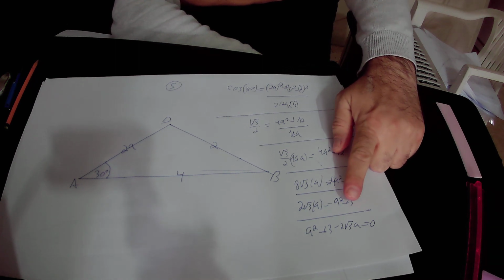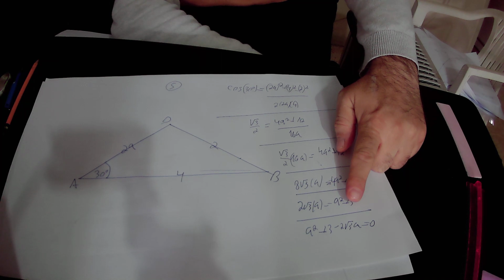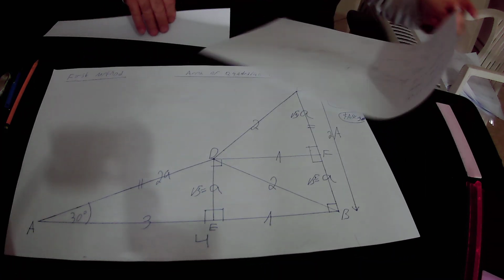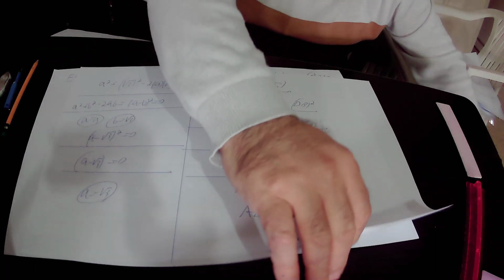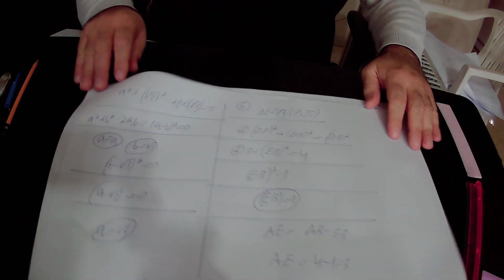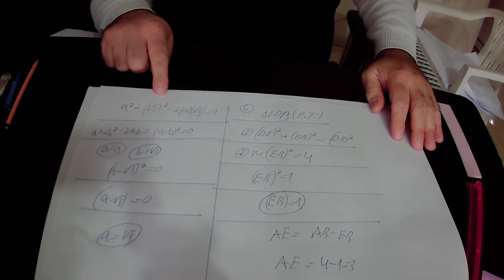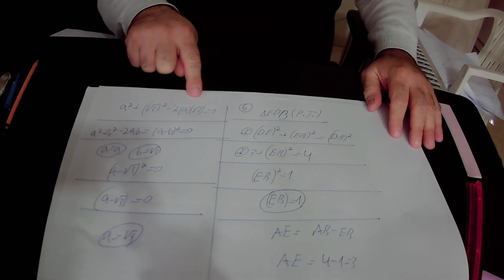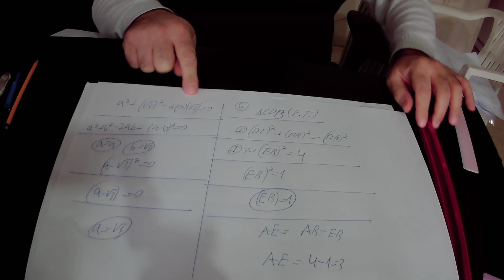Here we substituted 3 by square root of 3 squared, and we got that A squared plus square root of 3 squared, that is actually 3, minus 2 times A times square root of 3 equals 0.